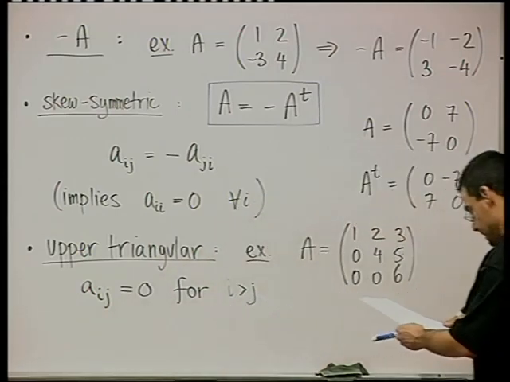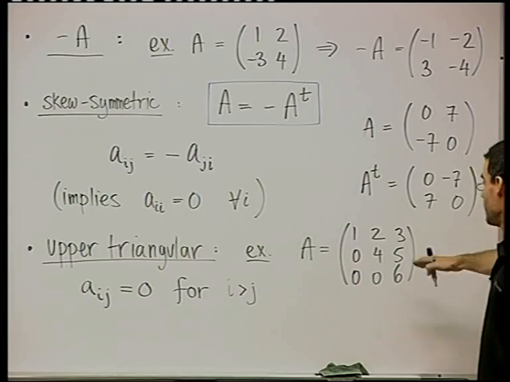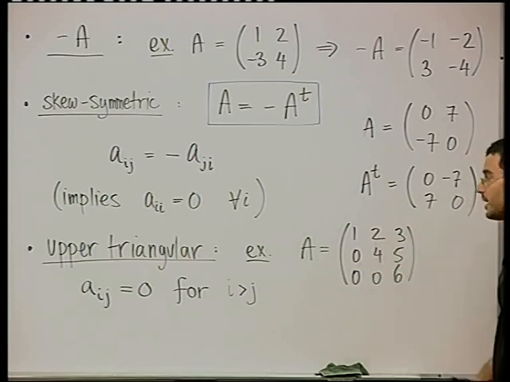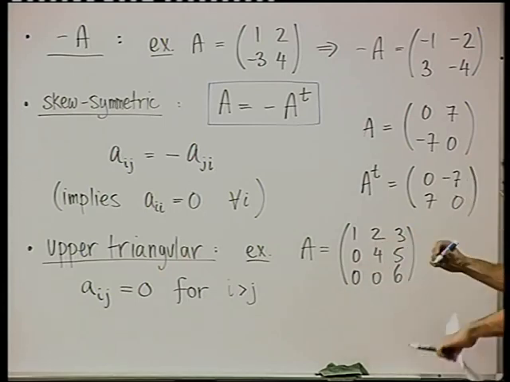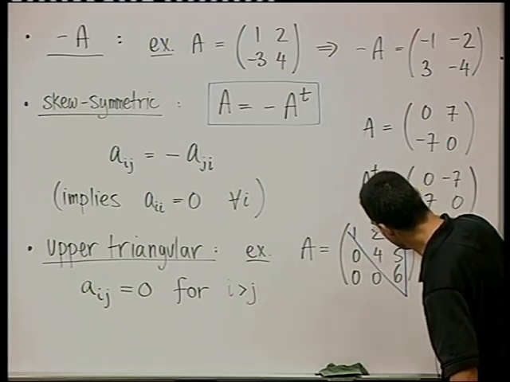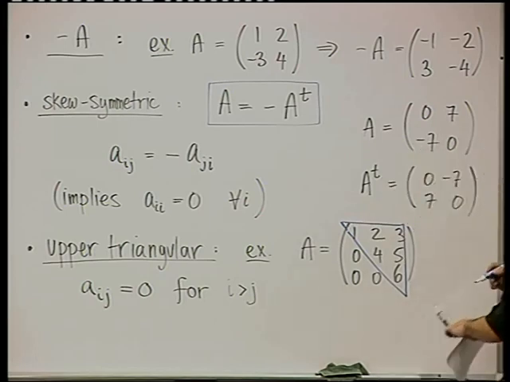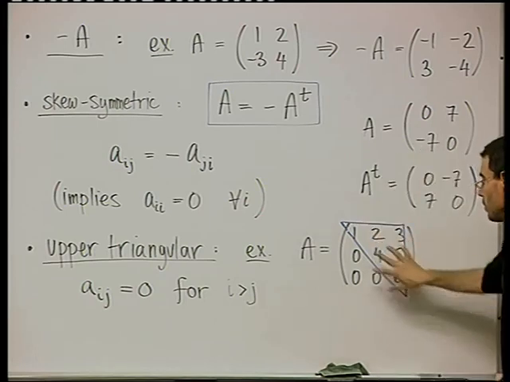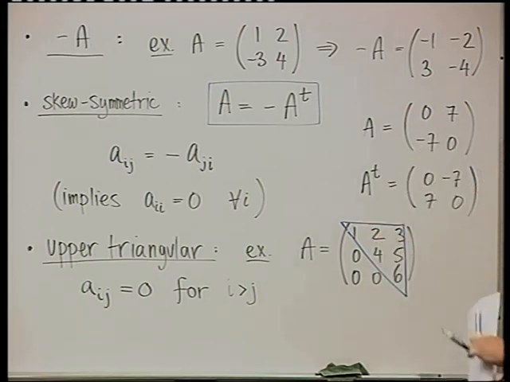This is the formal way of saying that elements under the diagonal are 0. You can see why it's called upper triangular, because if you look at this triangle of elements, that's the only place in the matrix where non-zero information could exist in the entries.